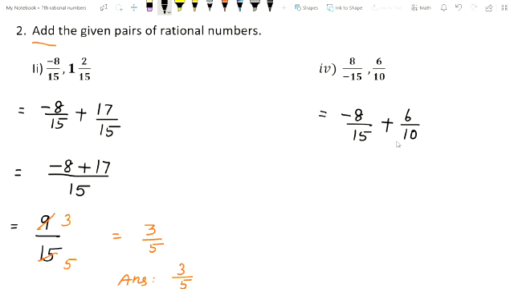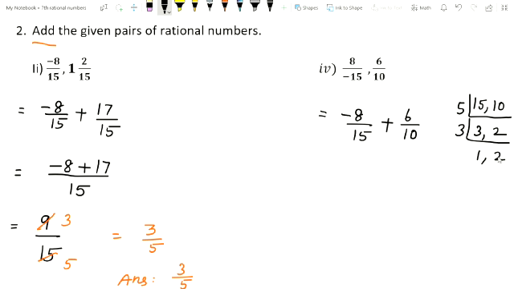Next you see the denominators here. Denominators are different, so we have to take the LCM. Okay. So 15, 10. We are going to find the LCM. These two numbers are divisible by 5. 3 5s are 15. 2 5s are 10. Okay. So now you divide by 3. 3 1s are 3.